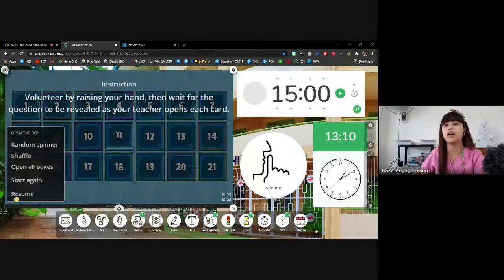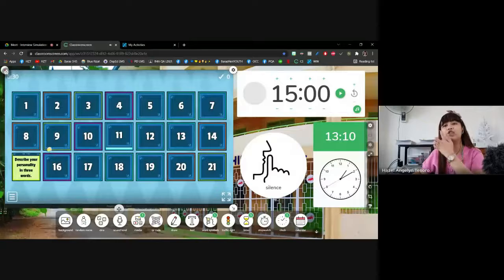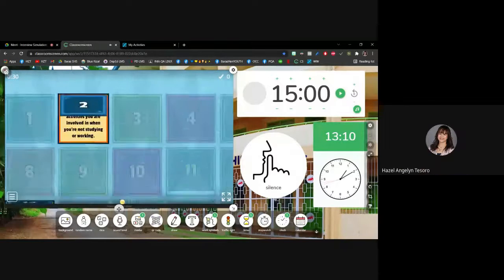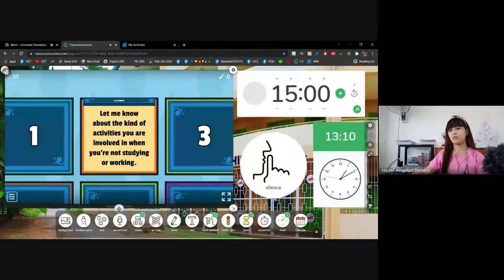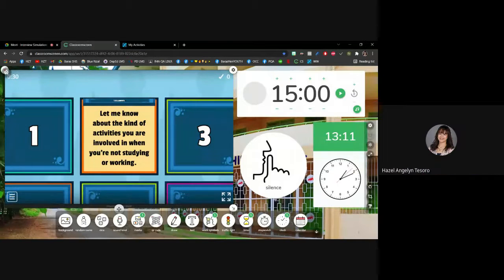Maybe I could do another. I'm going to use the random spinner this time. Let me know about the kind of activities you are involved in when you're not studying or working. This would be a good question for you, but okay, I will be answering this question. The kind of activities I am involved in when I'm not studying or working is that I volunteer, I serve in the church, and I also serve in the community by joining community organizations.